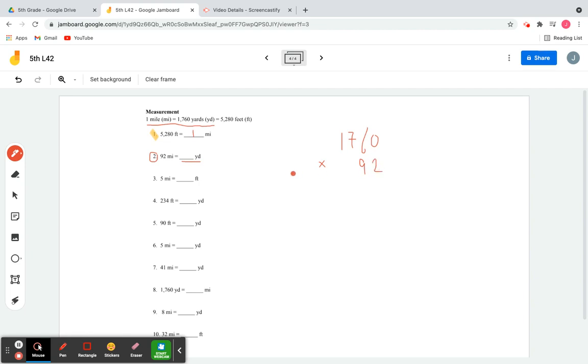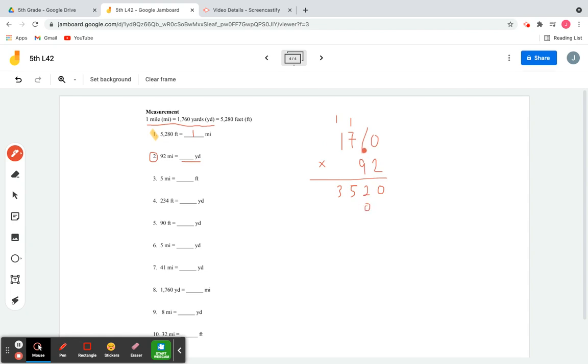So I'm multiplying by 92. 0 times 2 is 0, and then 6 times 2 is 12. So I write 1 here. And then 7 times 2 is 14. 14 plus 1 is 15. So I write 5 here, and then 1 over here. 1 times 2 is 2, and then don't forget to add this 1. So we have 3. Now we multiply by 9. 0 times 9 is 0.